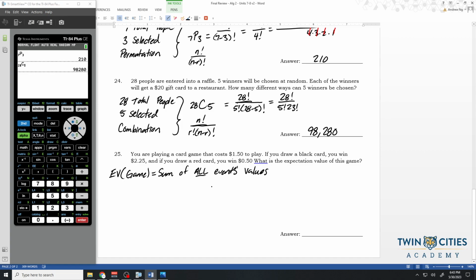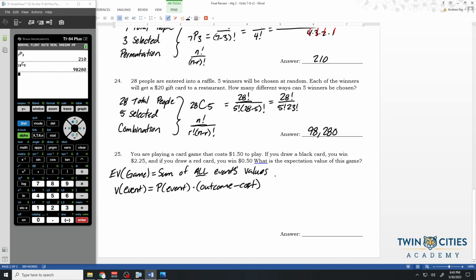And now, how do I find the value of an event? Well, the value of an event is equal to the probability of that event times the outcome minus the cost.